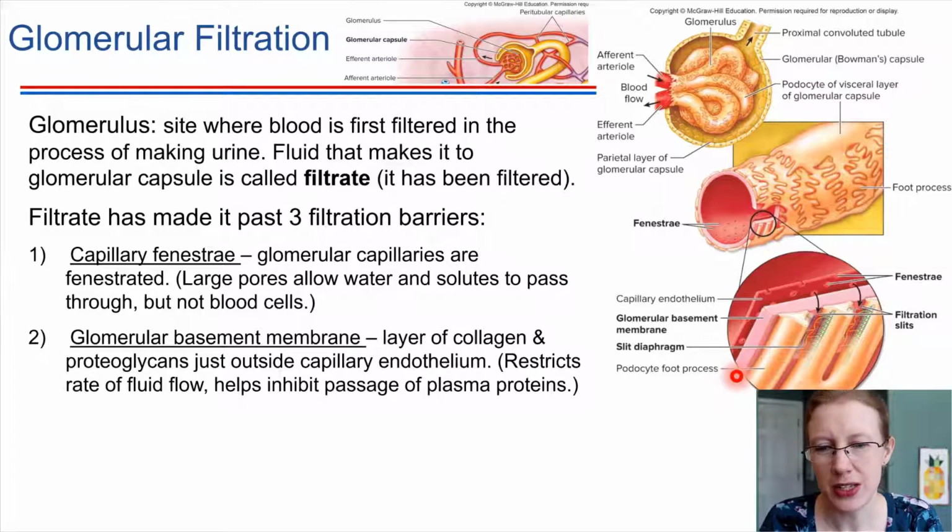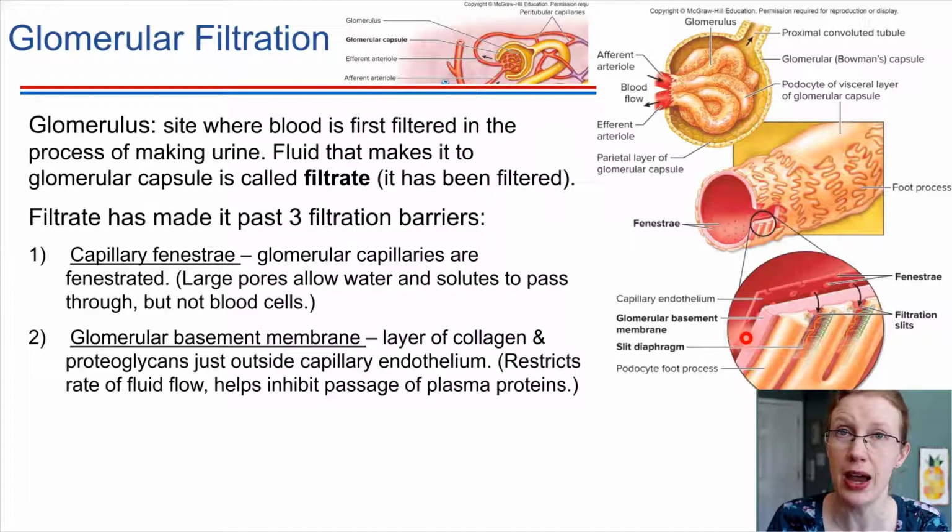So this glomerular basement membrane controls to some extent the rate that fluid is flowing across, and it also provides a barrier for plasma proteins. Plasma proteins, like proteins needed for clotting, for example, we don't want to just flush those out with the urine. We want to keep those back and save them in the blood. So that layer helps with that job.